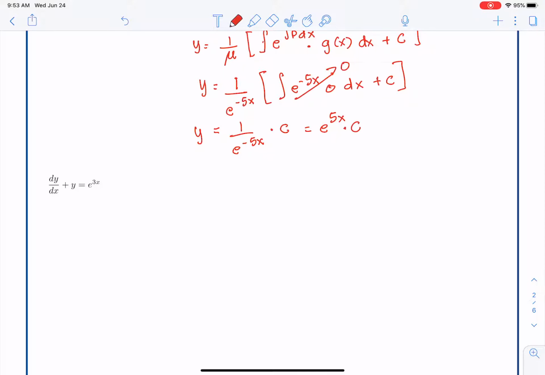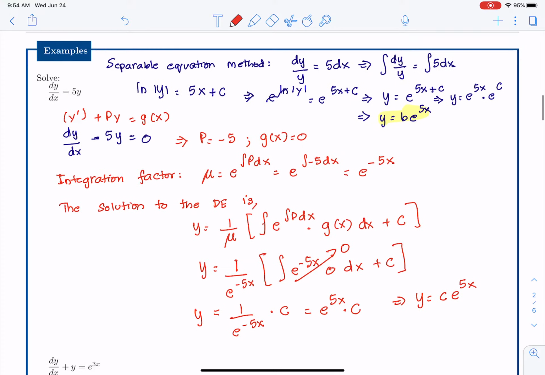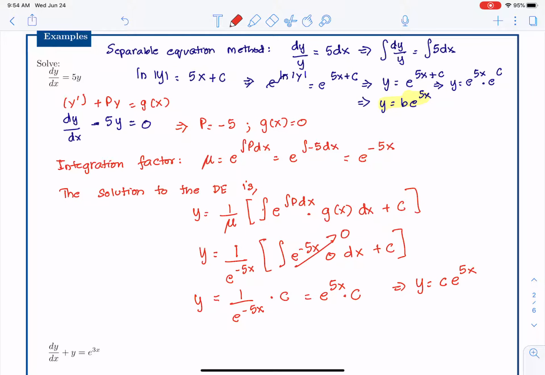So the solution here is some constant multiplied by e raised 5x. Now, if you make a direct comparison to what we did with the method of separable equation, that answer right there and that are one and the same.